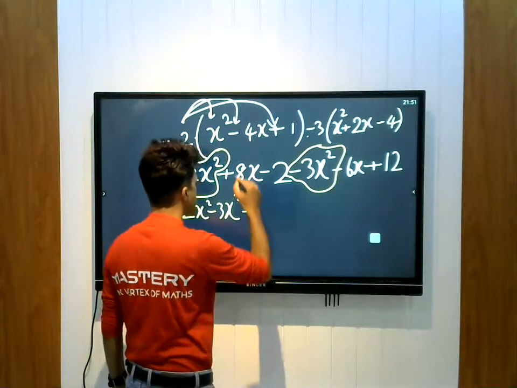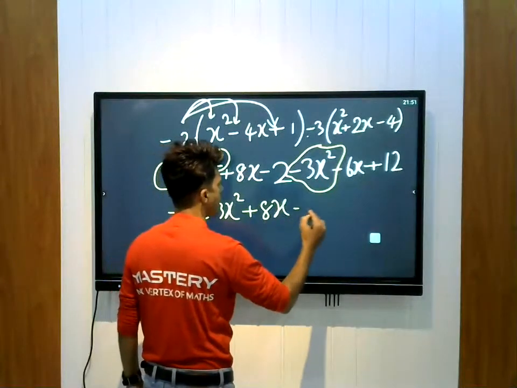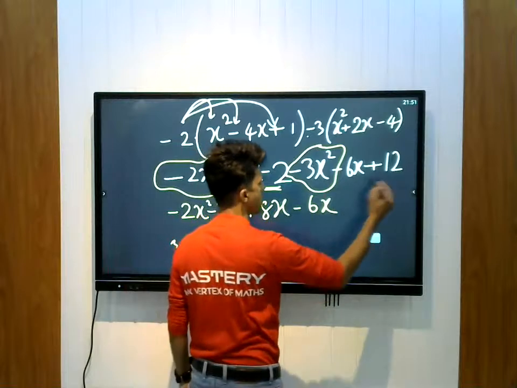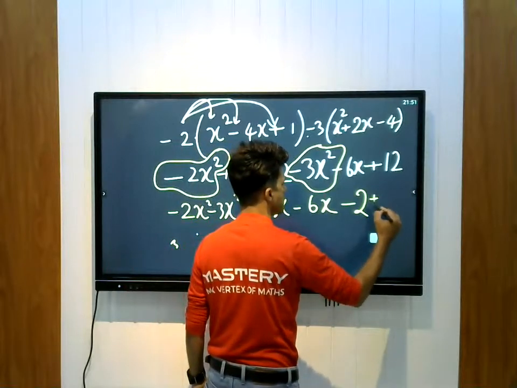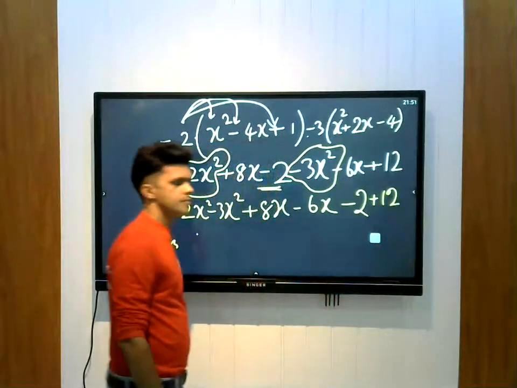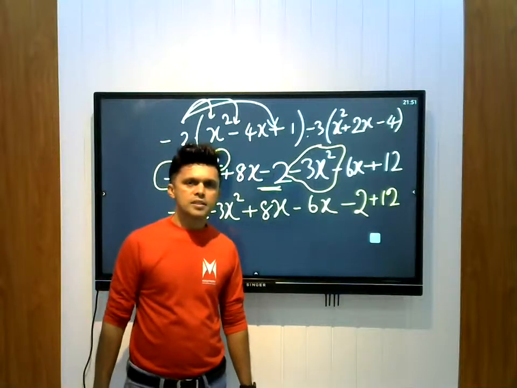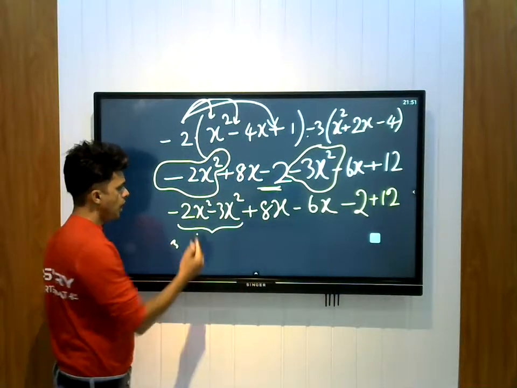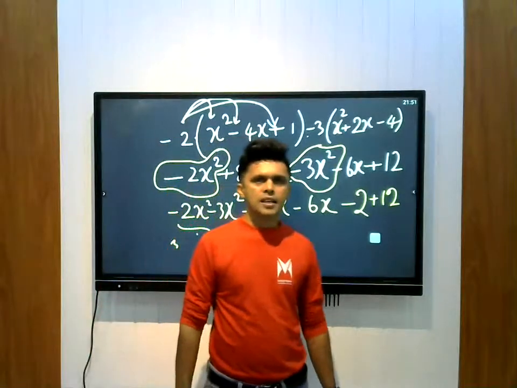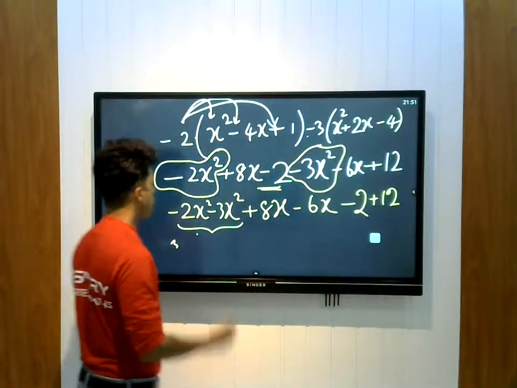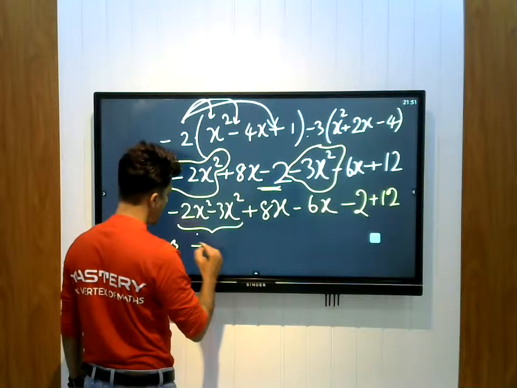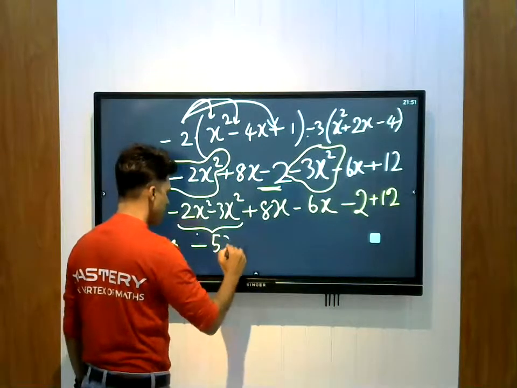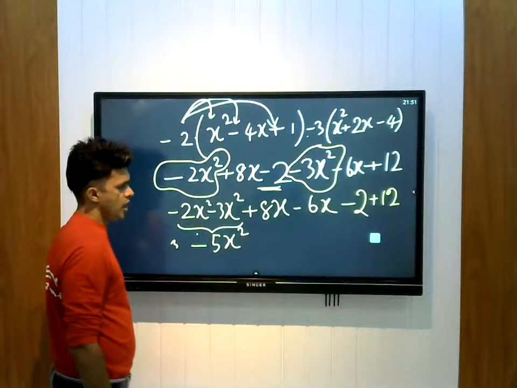Plus 8x here, minus 6x, and also this minus 2 and plus 12 can be added. How can I do this? Minus 2x squared minus 3x squared is minus 5x squared.